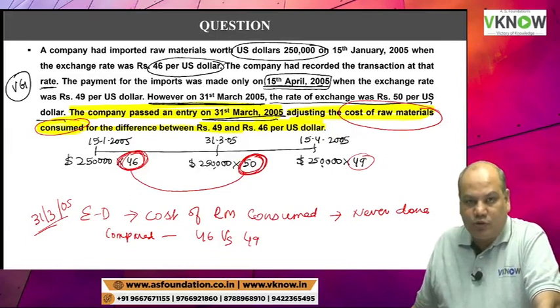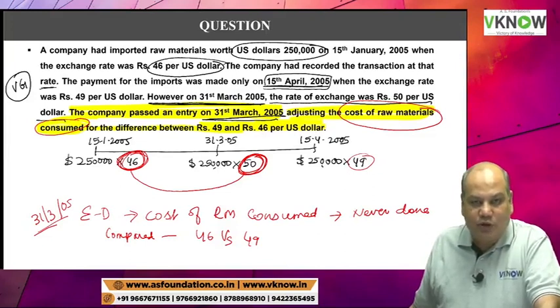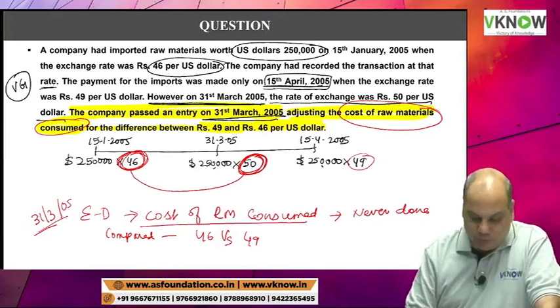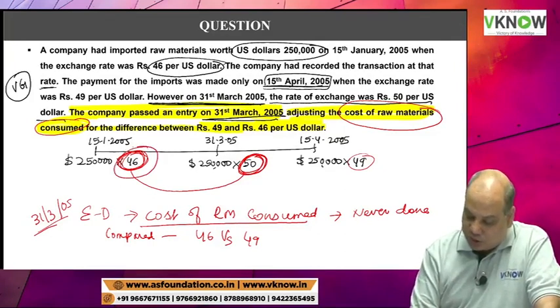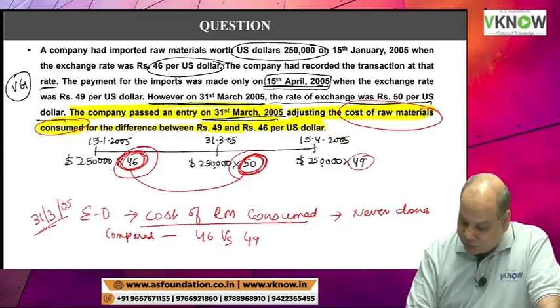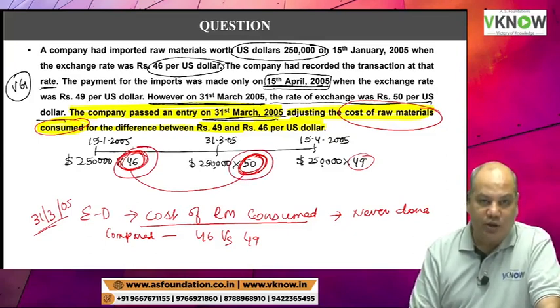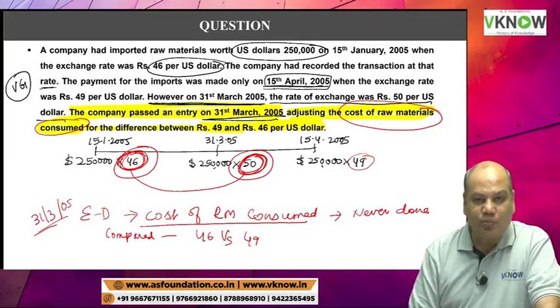So you have to first write that the company should not have adjusted exchange difference in raw material consumed. Secondly, the company should compare the initial recognition rate with the exchange rate on the balance sheet date, and that should be transferred to P&L account.